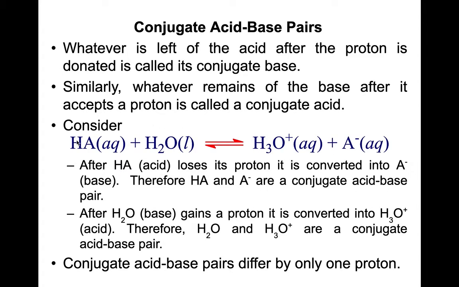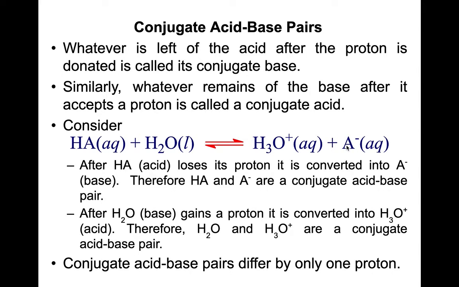So for the general reaction shown here, this is HA, any acid, a hydrogen bonded to anything else. If this is an acid, then it's going to donate this hydrogen to the water molecule to form the hydronium ion, and the leftover is its conjugate base.